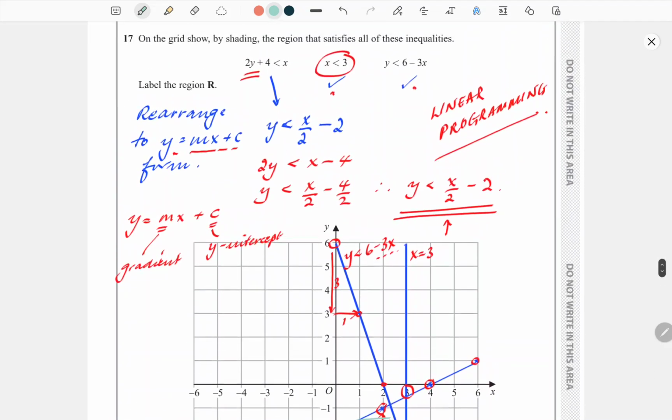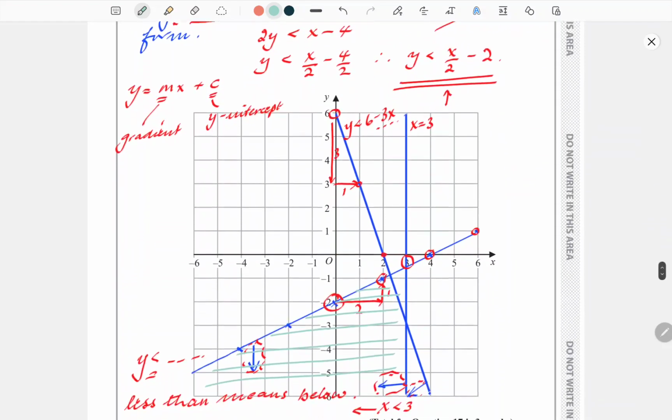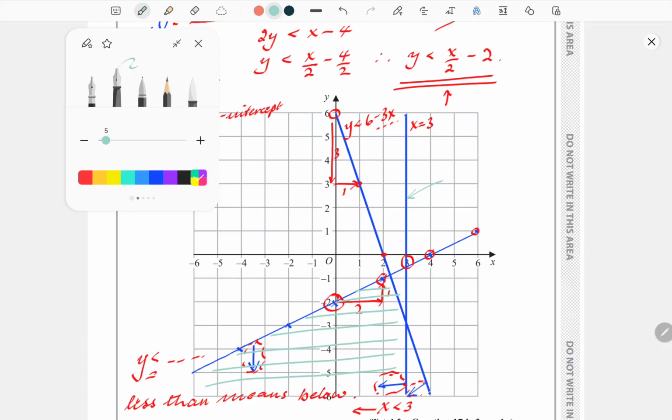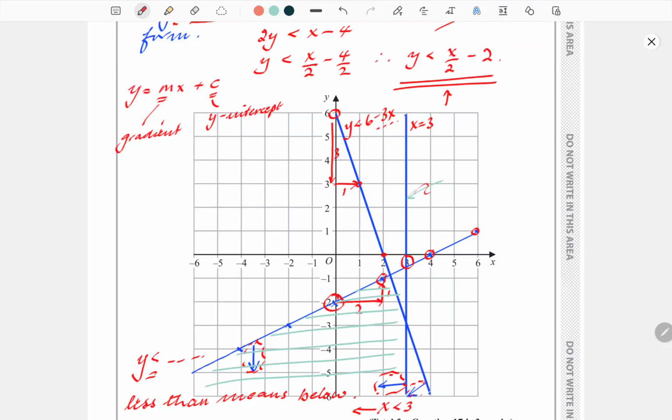One important thing that you must look at, and I haven't done it on this, let's change the color again. These things should be dotted lines, and that is really important. They should all be dotted lines. Why?